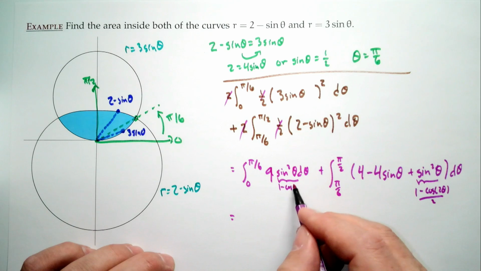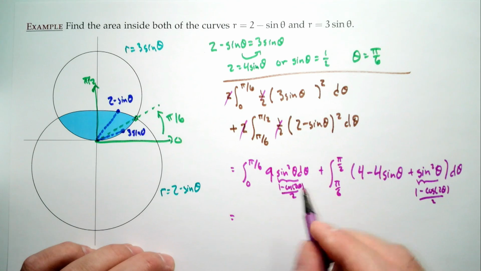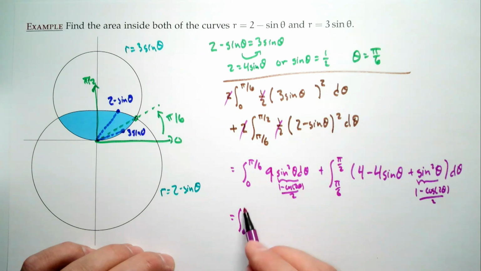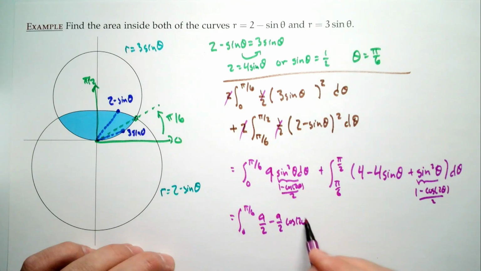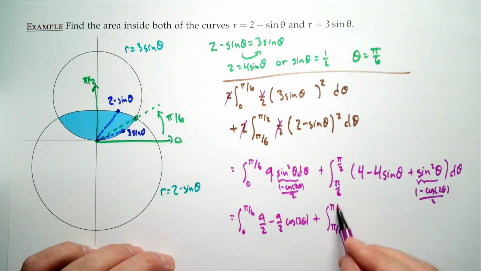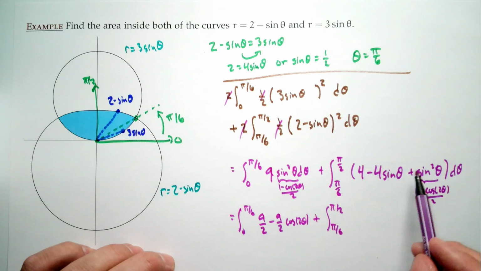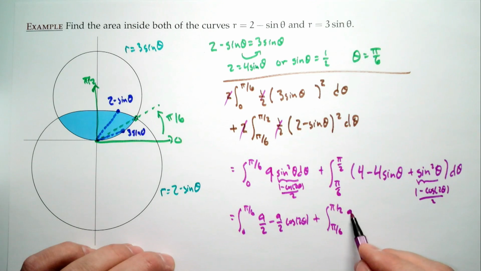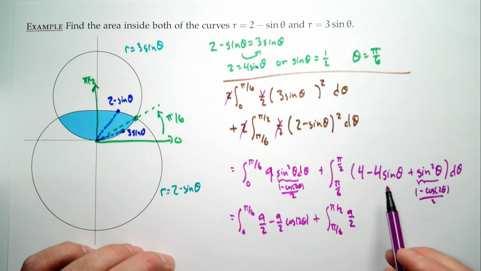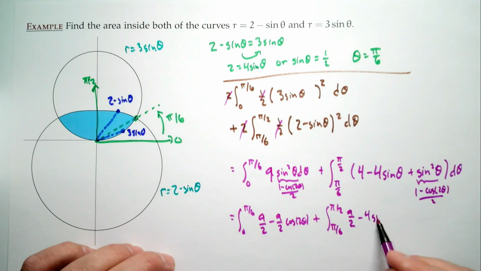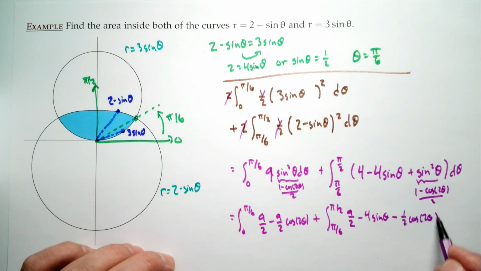So this is the integral from 0 to pi over 6 of 9 halves minus 9 halves cosine 2 theta, plus, from pi over 6 to pi over 2, 4 plus a half, which makes 9 halves, then minus 4 sine theta, and then minus 1/2 cosine 2 theta.